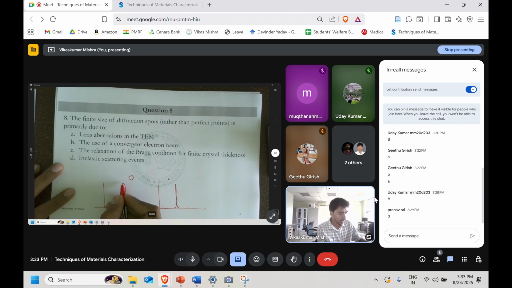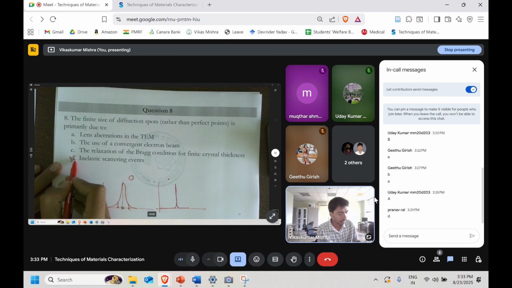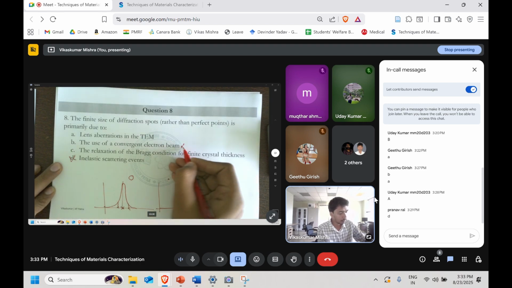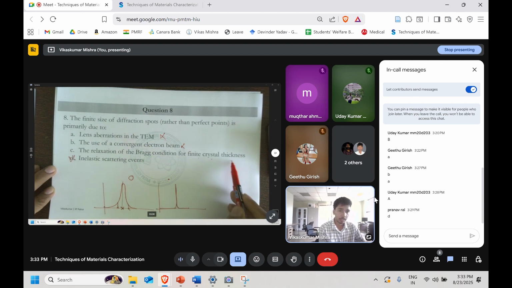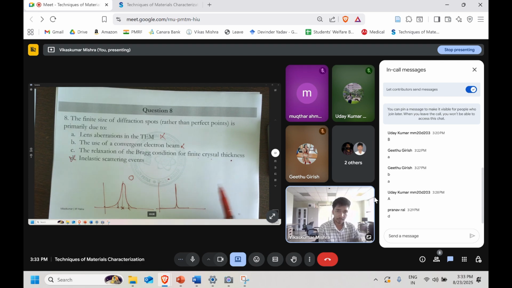So this is the angle which corresponds to Bragg's law. The intensity should occur only at this particular angle, but it is also occurring at other angles. It is because of the relaxation in Bragg's law. It is not due to inelastic scattering, and not due to the convergent electron beam or lens aberration. It is due to the relaxation in Bragg's condition for the finite crystal lattice, the crystal thickness.